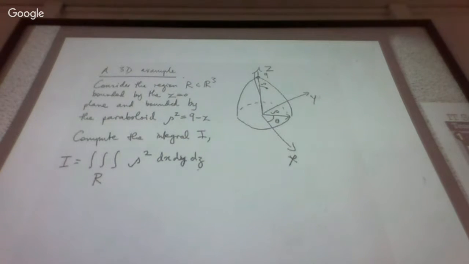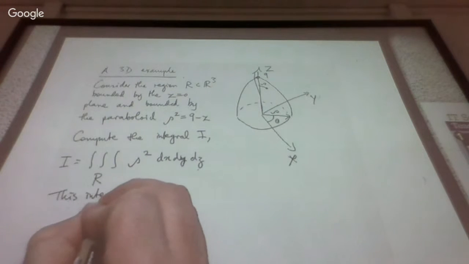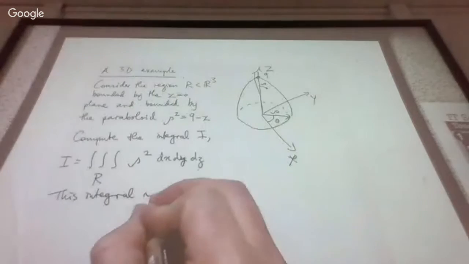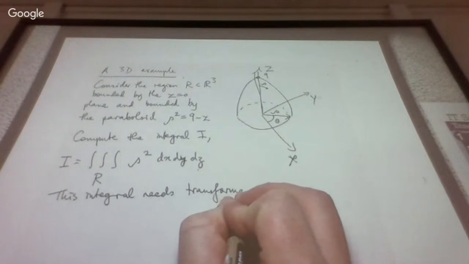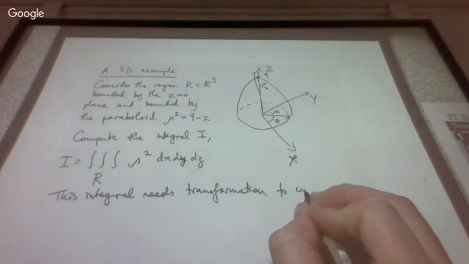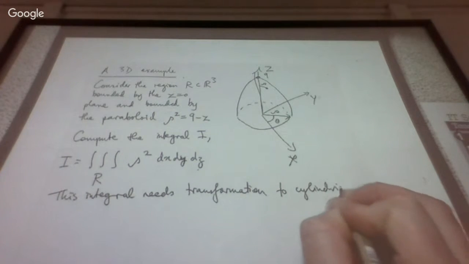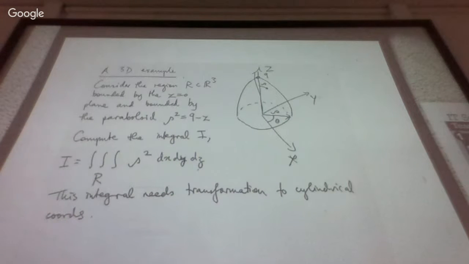Now, this integral needs transformation to cylindrical coordinates. Okay, because, well, the function we're integrating is the square of rho.